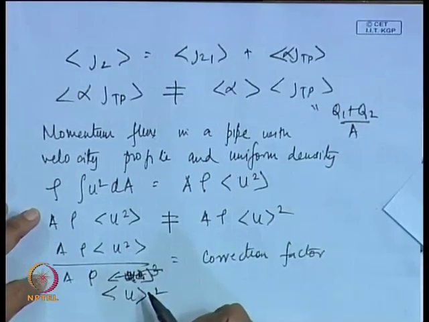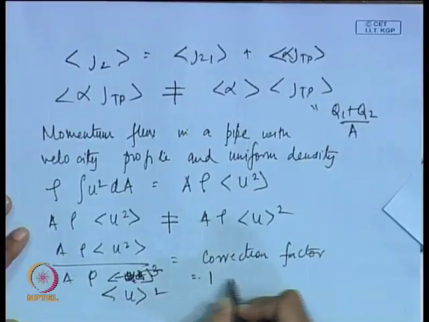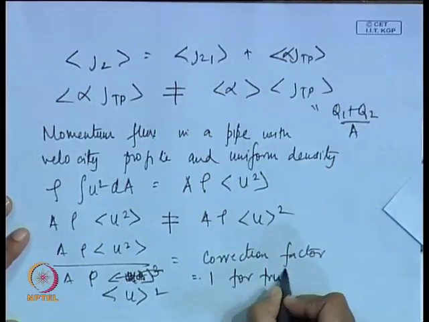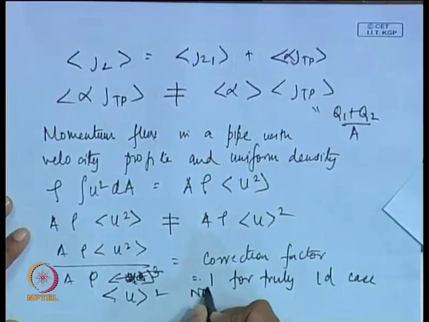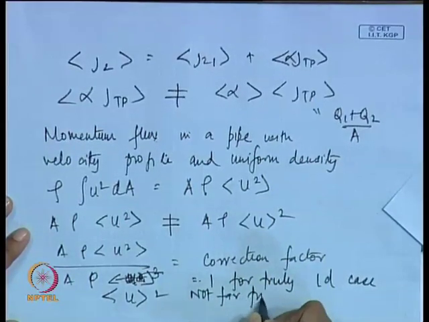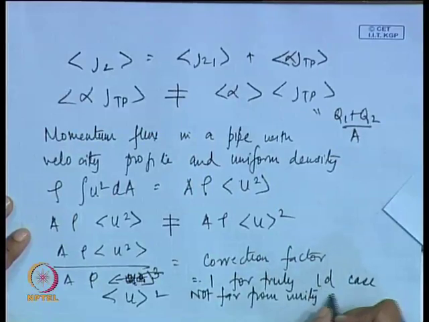And for the truly one dimensional case they become unity, because for the truly one dimensional case the velocity is the same for all points in the cross section. So, this correction factor is equal to 1 for the truly one dimensional case and not far from unity for the general case.